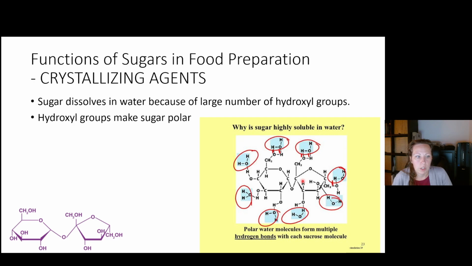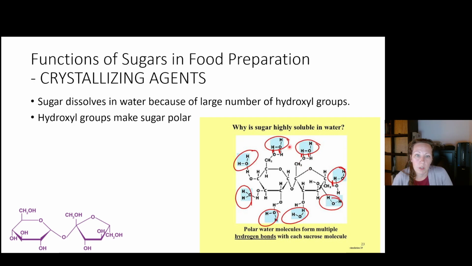And what you're seeing here is that the oxygen and hydrogen in the hydroxyl group are a polar covalent bond. Just like oxygen and hydrogen form this type of bond in water, H2O. So the oxygens in the hydroxyl group have a partial negative charge, and the hydrogens in the hydroxyl group have a partial positive charge.